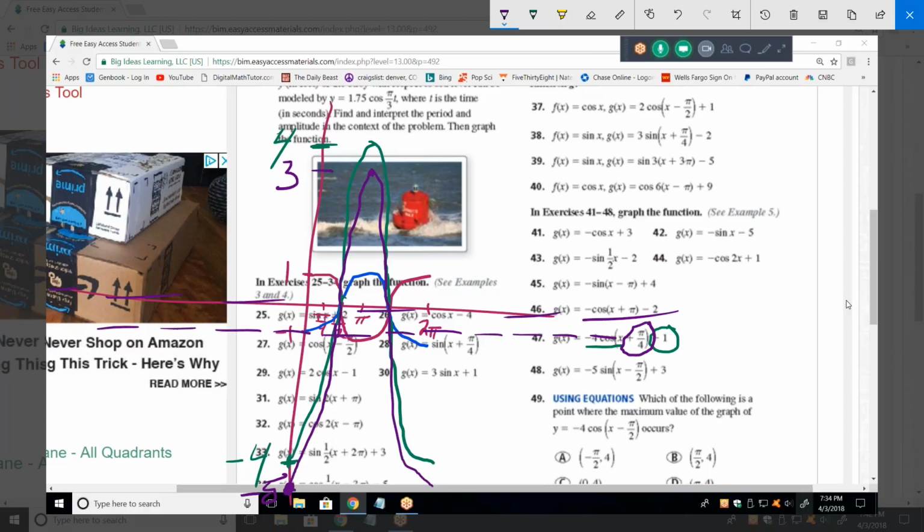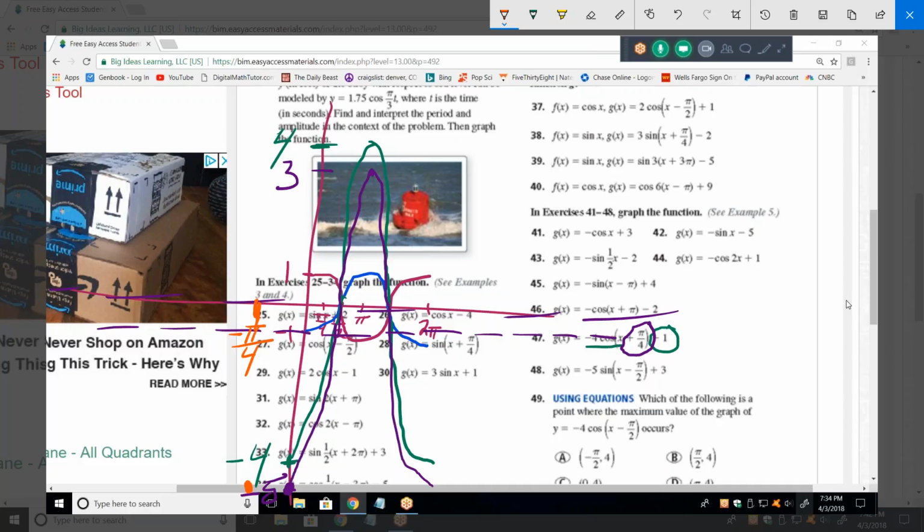Which way? Left. Okay. So I need a new color. Let's try orange. So I have to figure out where to start this point right here, this purple point. I'm going to start it right there. And that distance is -π/4.